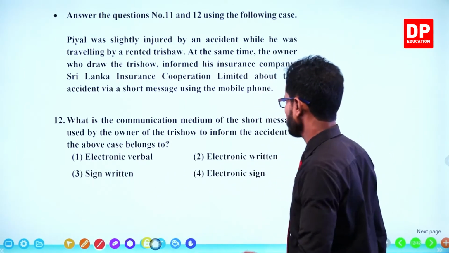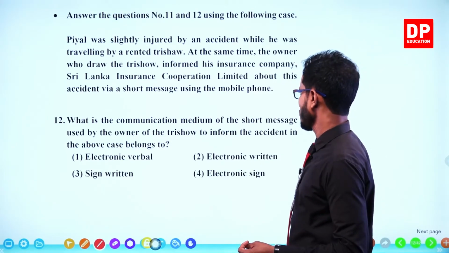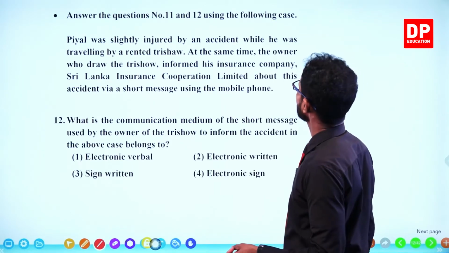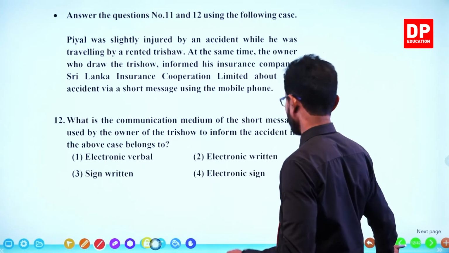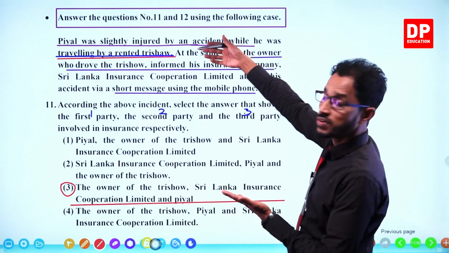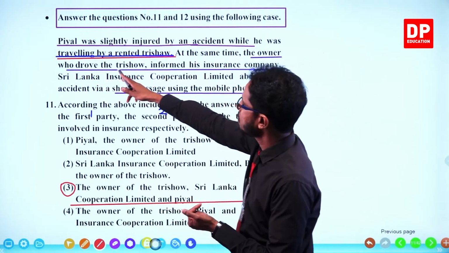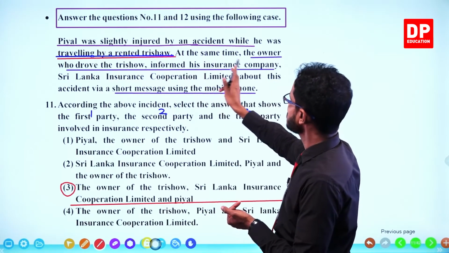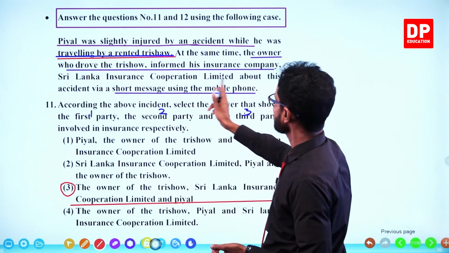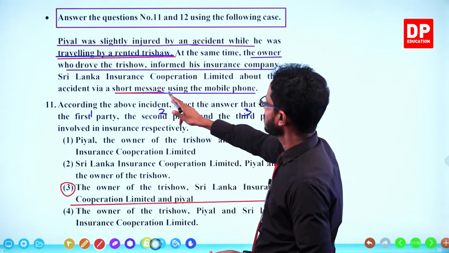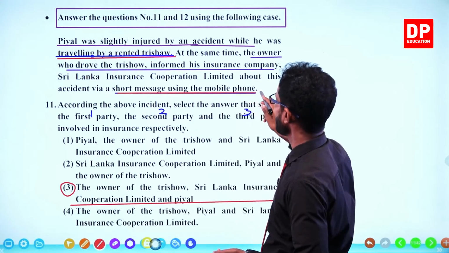Let's go to the case where we marked. At the same time, the owner who drove the trishaw informed his insurance company, Sri Lanka Insurance Corporation, about this accident via a short message using the mobile phone.